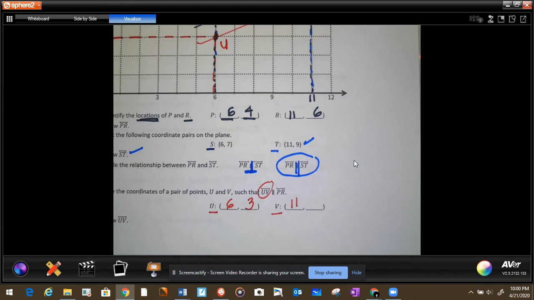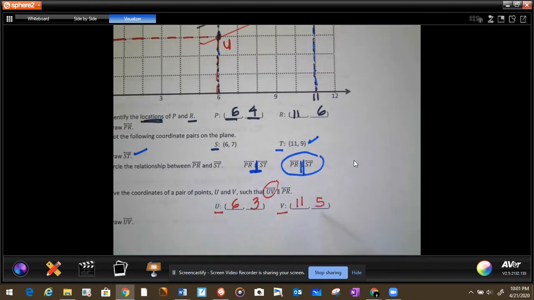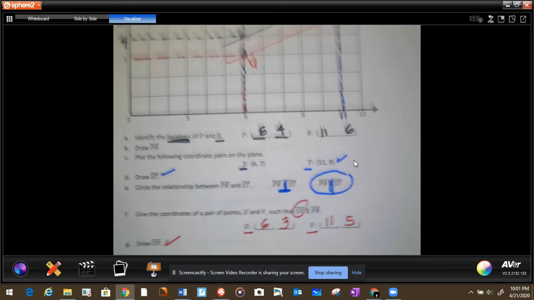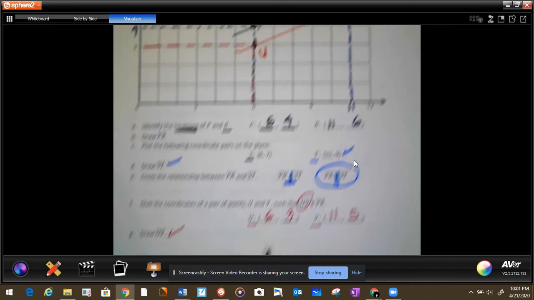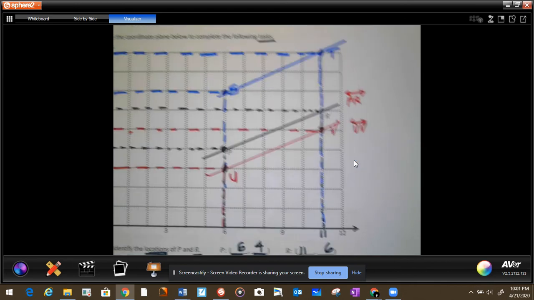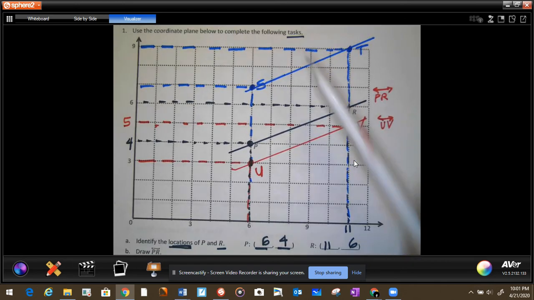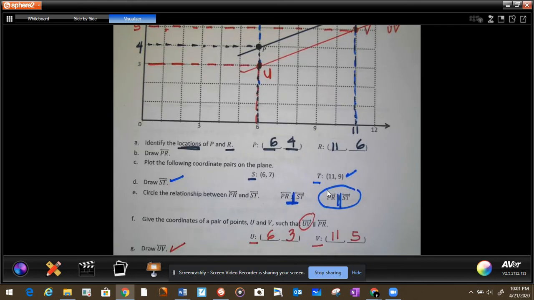So that's going to be Y is 5 here. So now these points are accurate, and we already drew the line, which is what they're asking us to do right here on the bottom. And so we followed all the instructions, and we followed the task, and we have 3 parallel lines based on our location of the points.